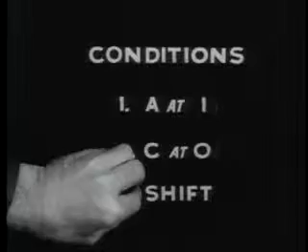In order to transfer a binary 1 from core A to core B, 3 conditions must be met. Core A must be at 1, core C must be at 0, and the shift pulse must be applied.